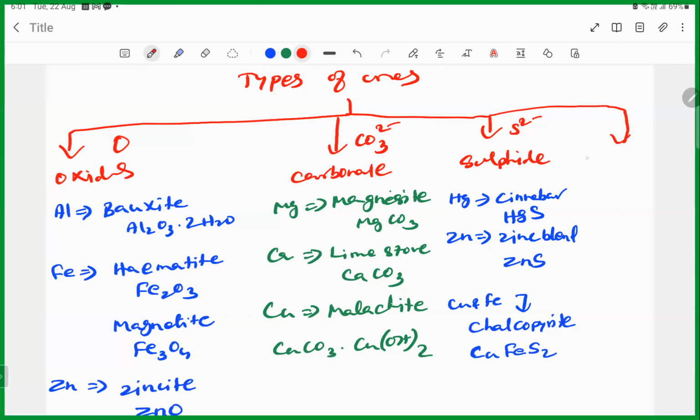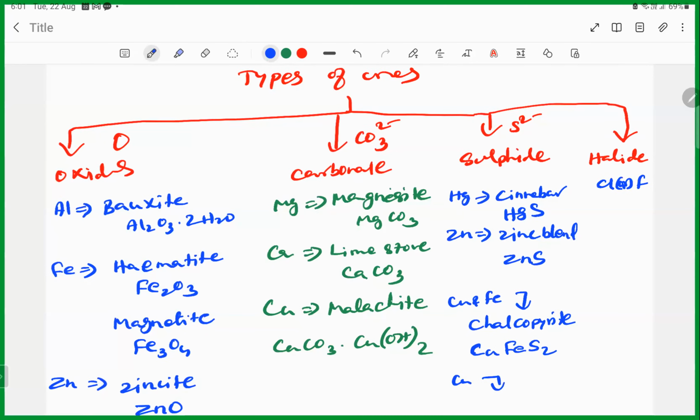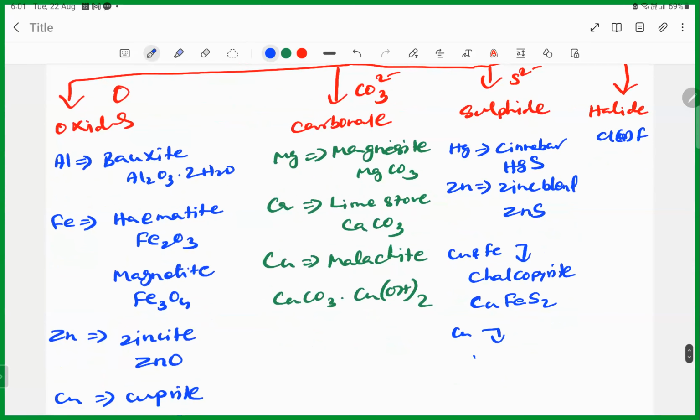And then halide. That halide, chloride or fluoride. So there is another sulfide for copper, chalcocite. That is Cu2S. For the halide, first one common salt. Common salt, what is it?